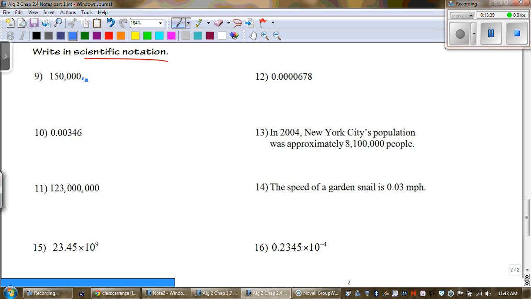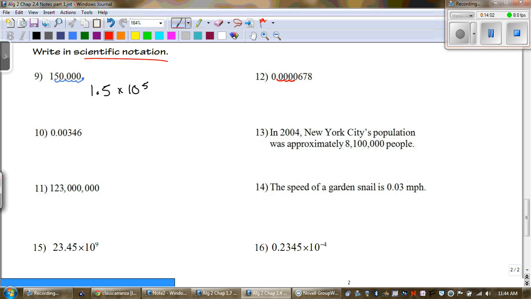you look at it, I have to move it 1, 2, 3, 4, 5. How many times do they have to move it? I moved it to the left, I'm sorry. They have to move it to the right, okay? Same thing with 12.